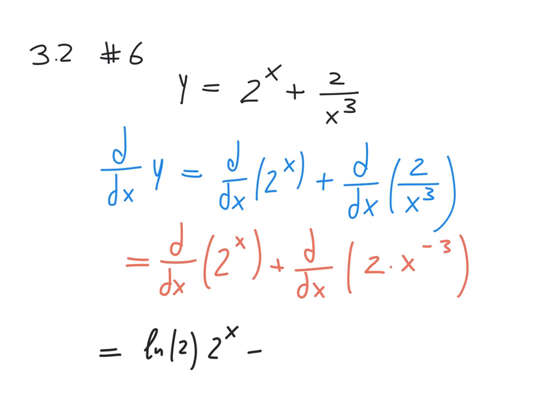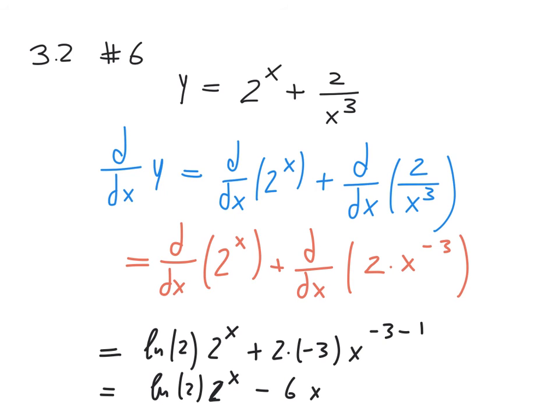Now the second term would be minus 2 times minus 3, because it's a power function, right, times x to the minus 3 minus 1. And hence we would get ln of 2 times 2 to the x minus 6 times x to the minus 4. So this is right.